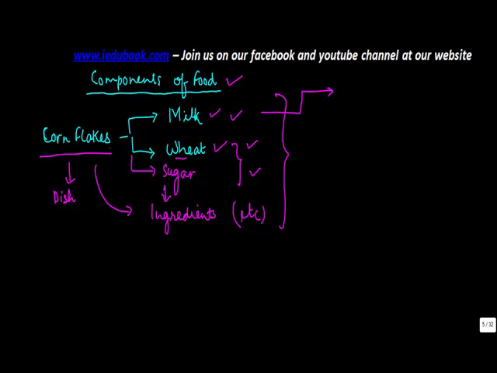Now each of these components, or rather ingredients, contains various components, also called nutrients. What are these nutrients? These nutrients are basically carbohydrates.